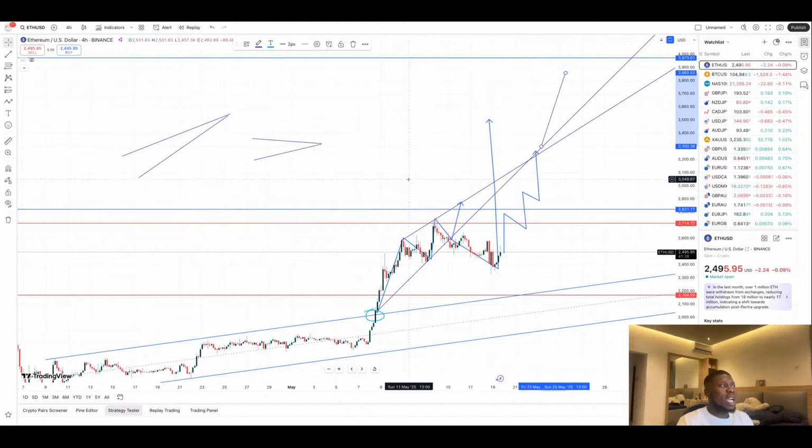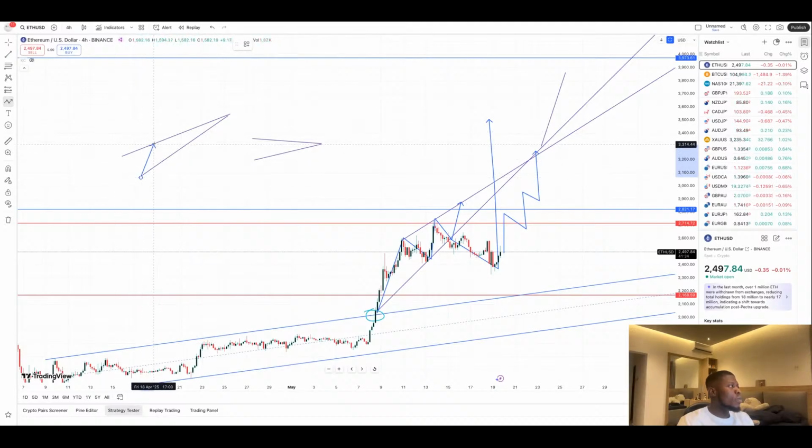So whenever you see this kind of continuation pattern, this is how they form. They likely form like this, like this, like this. Then one leg will go out, and come back again to complete and break out, and that is how the chart pattern is. It's a continuation, it's a triangle.